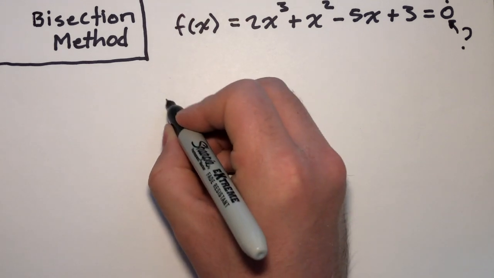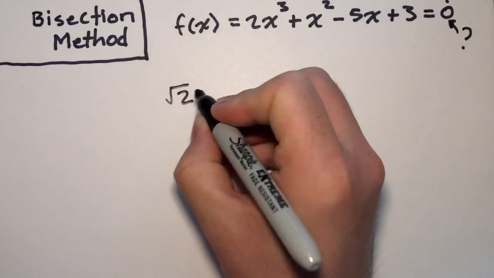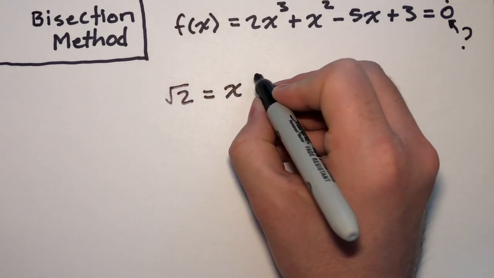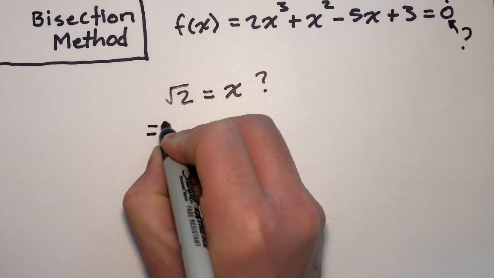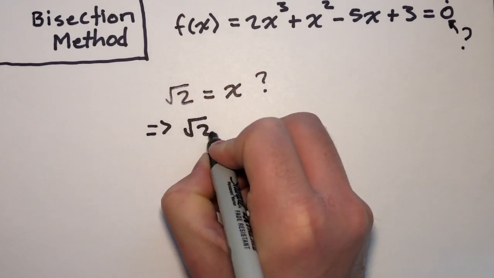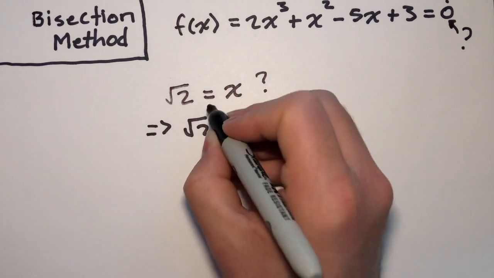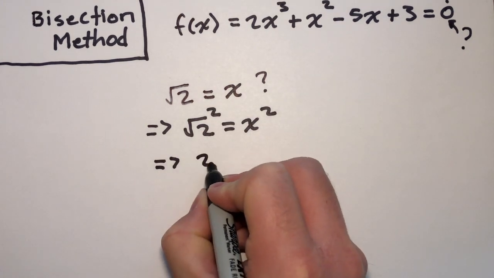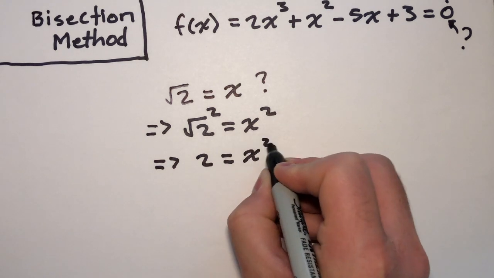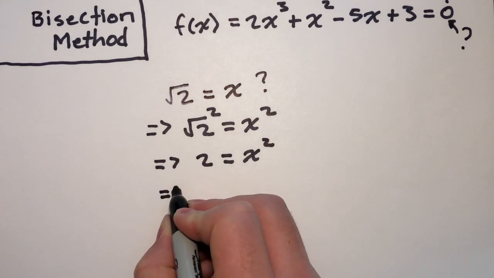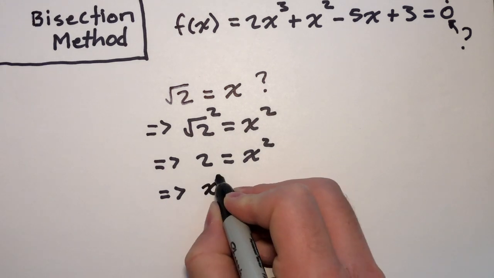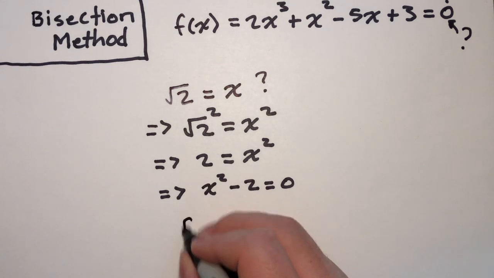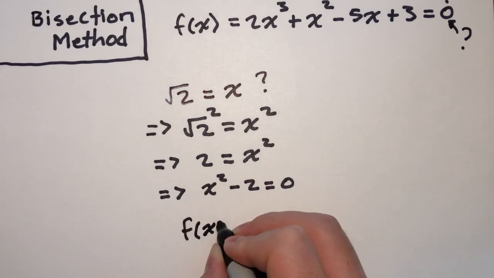Root finding is useful in a variety of situations. For example, if you wanted to figure out what is the square root of 2, you could do a little algebra and turn this into a root finding problem. If we squared both sides, simplified, and put all the terms on one side so that the entire equation is equal to 0, now we found a function that we could apply a root finding method such as the bisection method to.